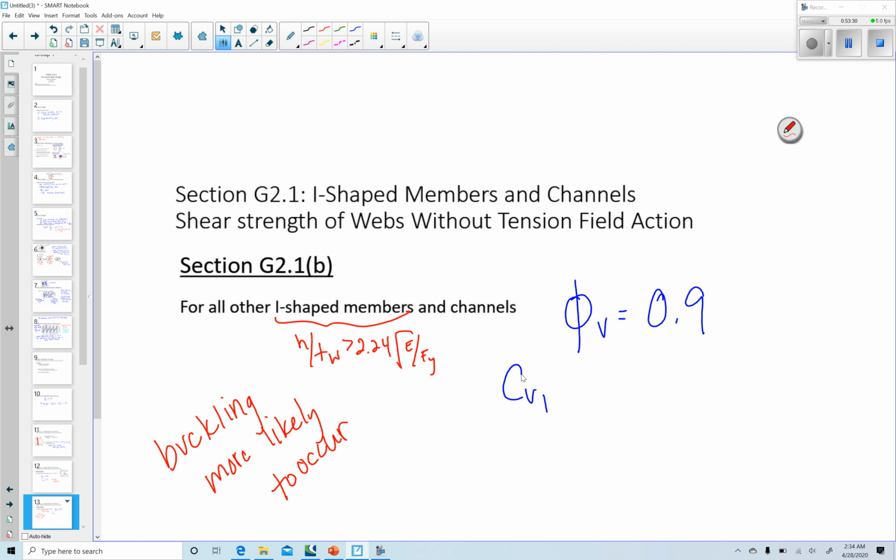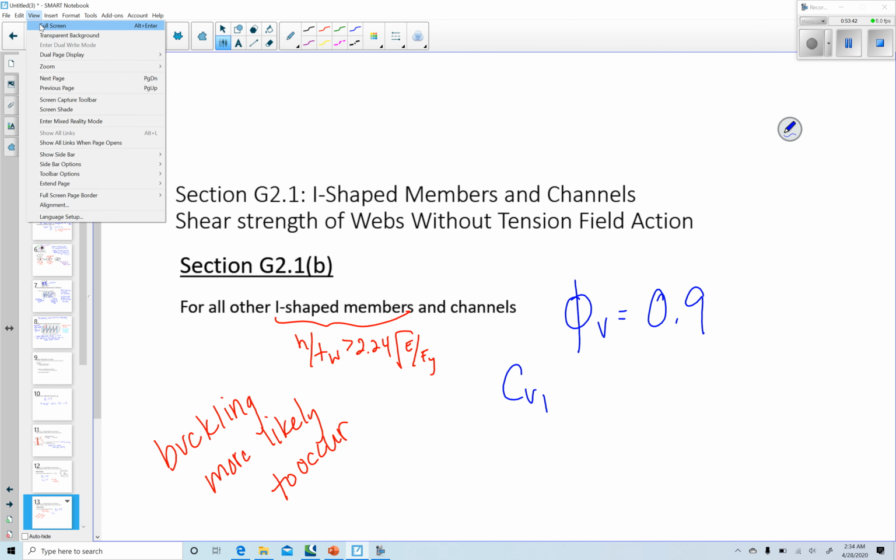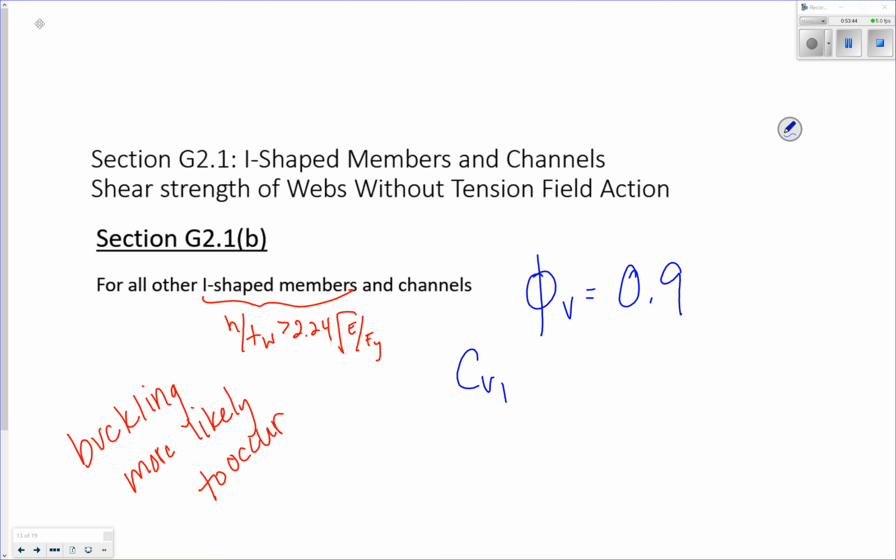But I'm going to maybe have buckling if I have a slenderness ratio greater than the one specified in 2.21 or 2.1a, and maybe a channel is more likely to buckle too. So my CV1 factor, I get to calculate it.